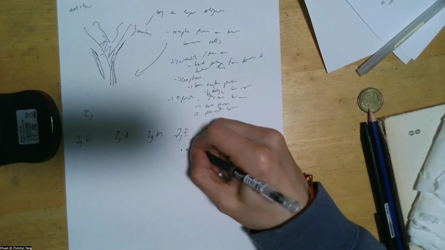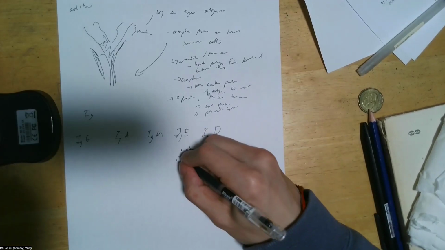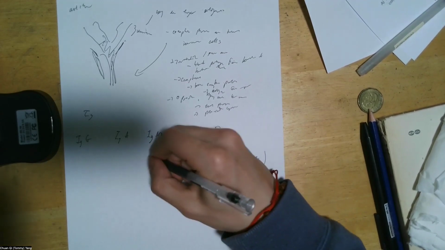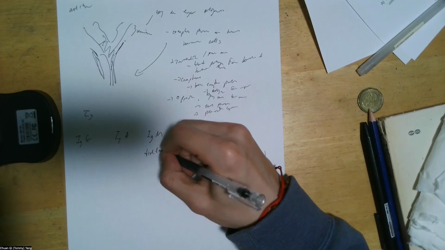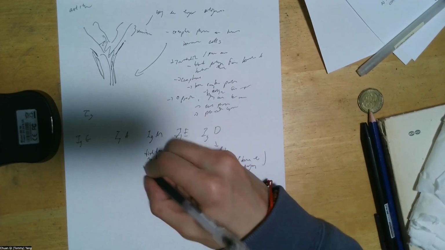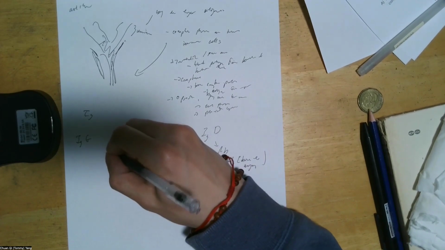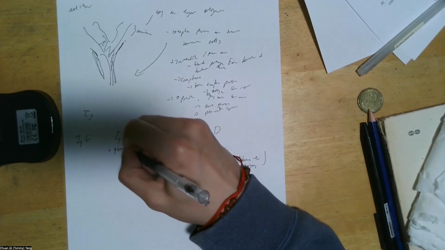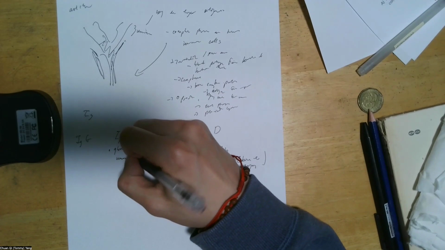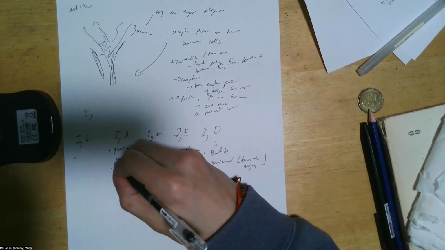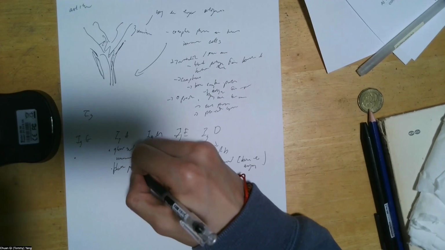IgE is part of allergic reactions, binds to mast cells and basophils. IgM is the first type to be released, circulates around blood and lymph. IgA is part of glandular secretions and mucous membranes to prevent pathogens from accessing, so blocking pathogens.